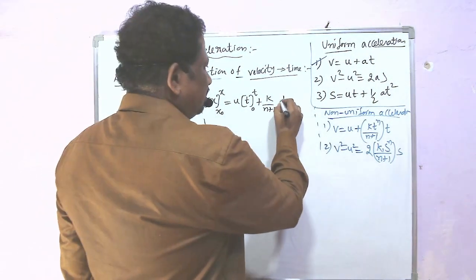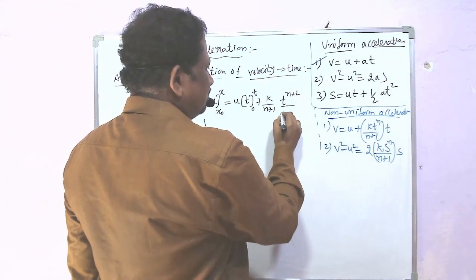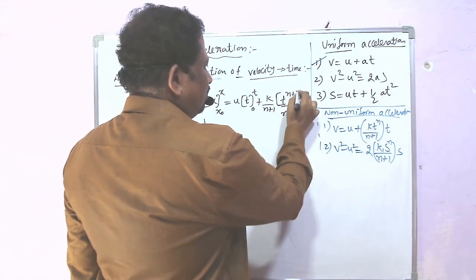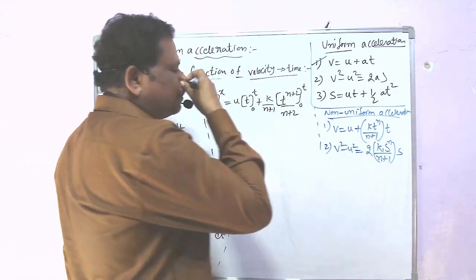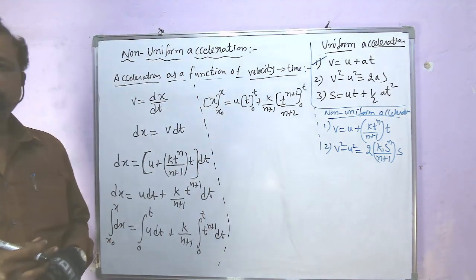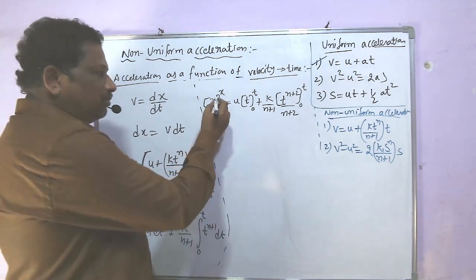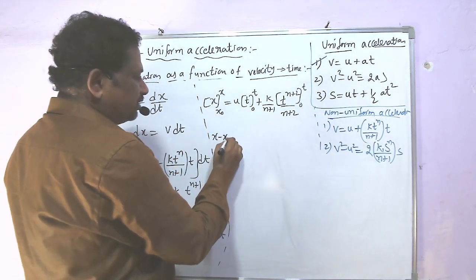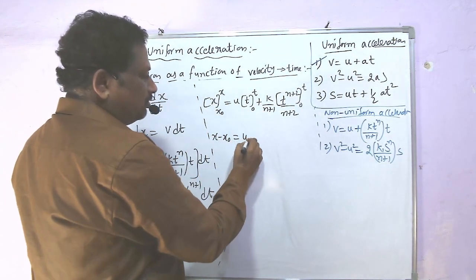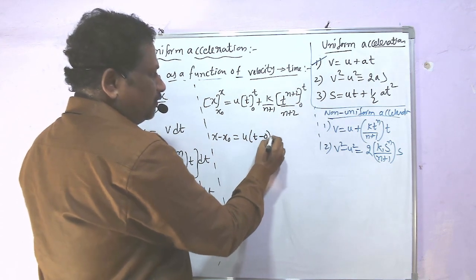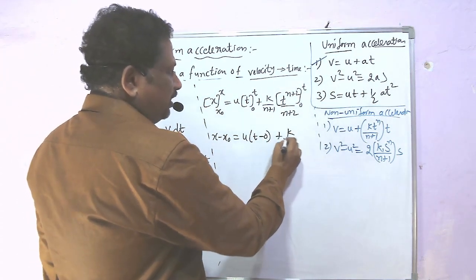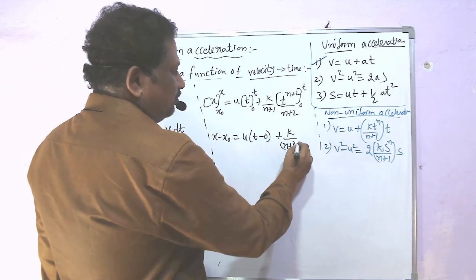Okay. If you simplify, s minus s naught is nothing but displacement. Now s is equal to ut, here 0 goes off, plus k into t power n plus 2 by n plus 1 into n plus 2.